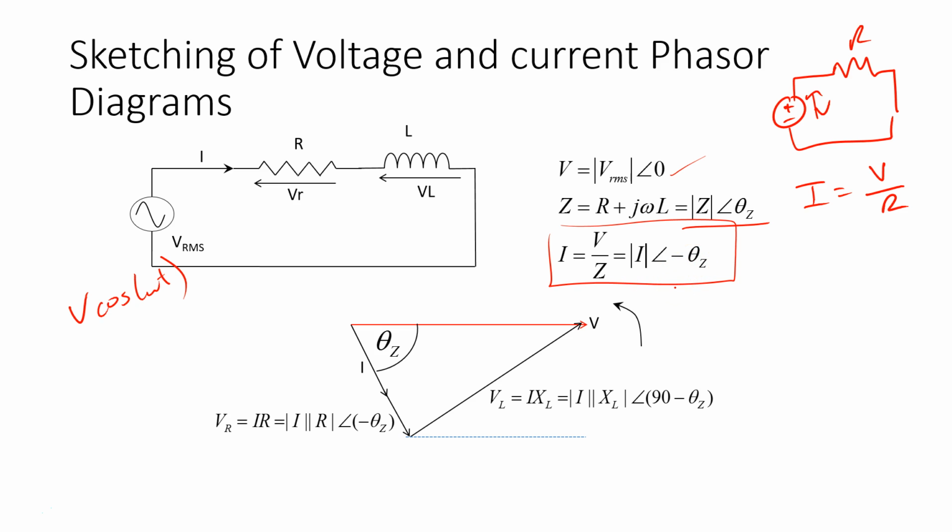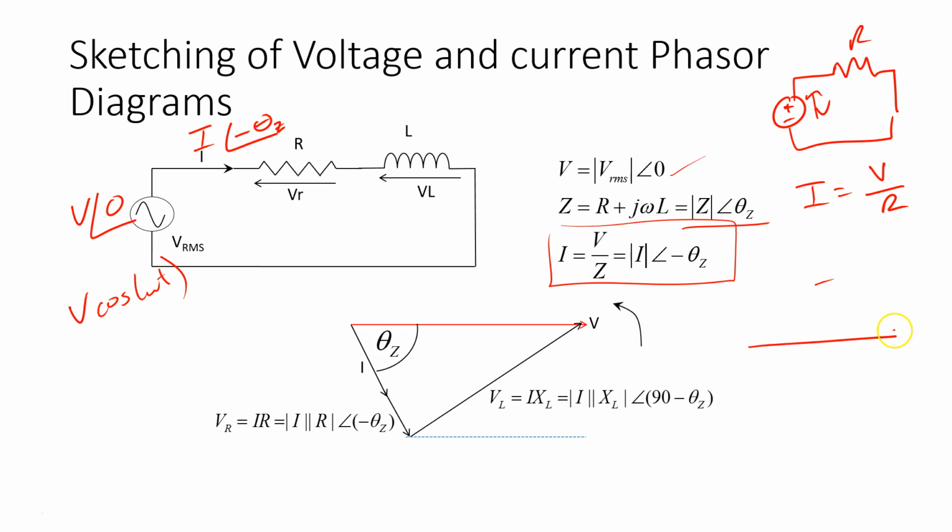Once I get that, I will have some V, which is V angle 0. Let me write it here. This will be V angle 0. And then I worked out my current to be I angle minus theta Z, as I have here. Then I can draw these two on a phasor diagram.